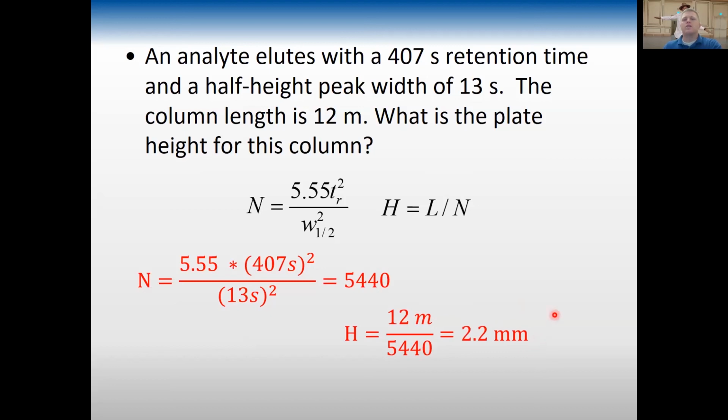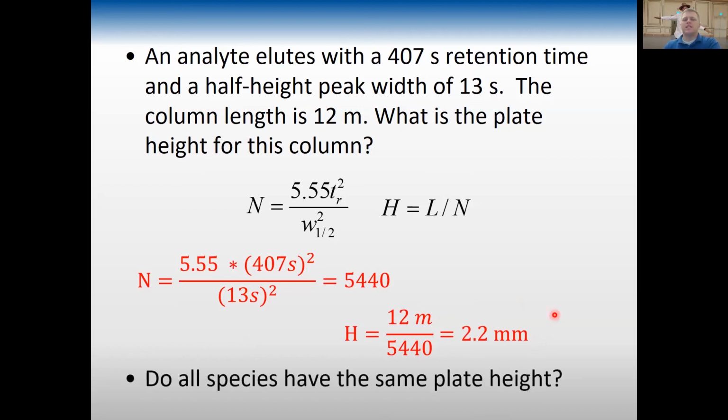So the next question is, do all species have the same plate height? Theoretically, they should. However, they don't always give exactly the same plate height, just like when you measure the volume dispensed from a pipette. It's not always exactly the same.